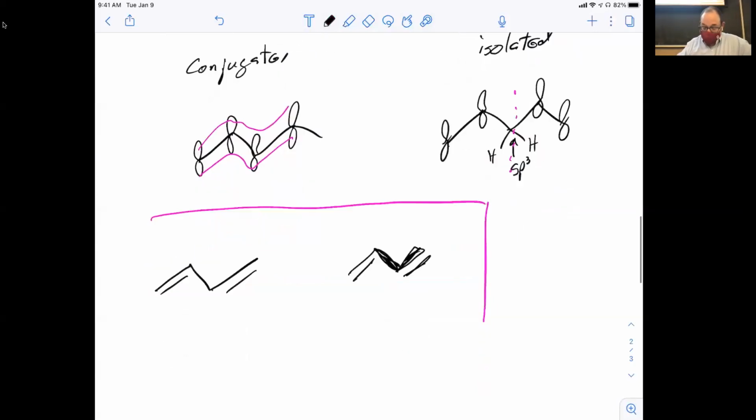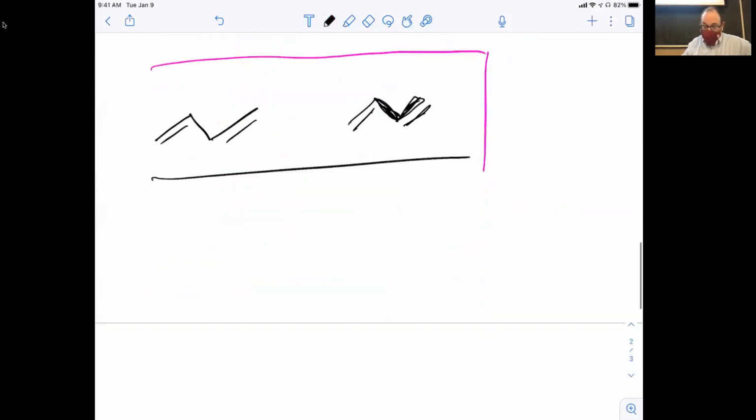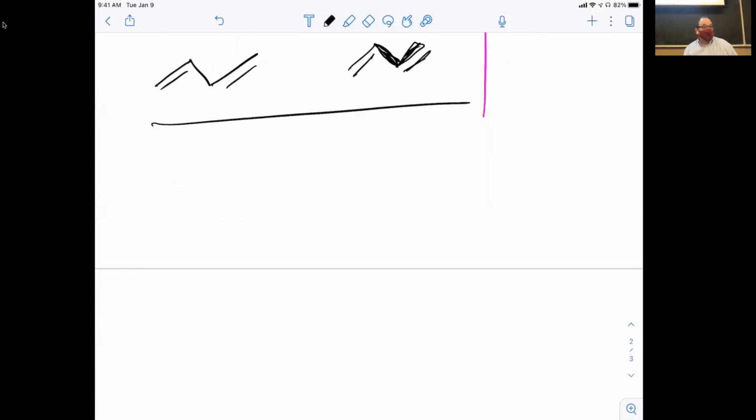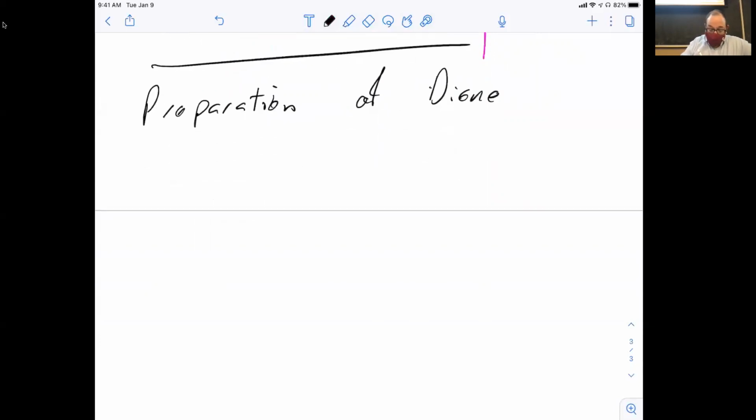All right, we'll get into a lot more about these orbital structures later in the lecture. So how do we prepare these? Well, we can do an elimination.